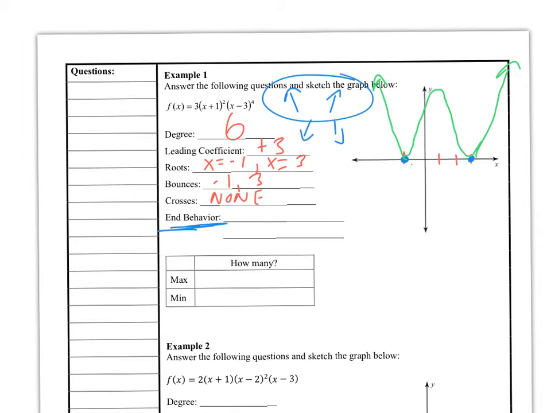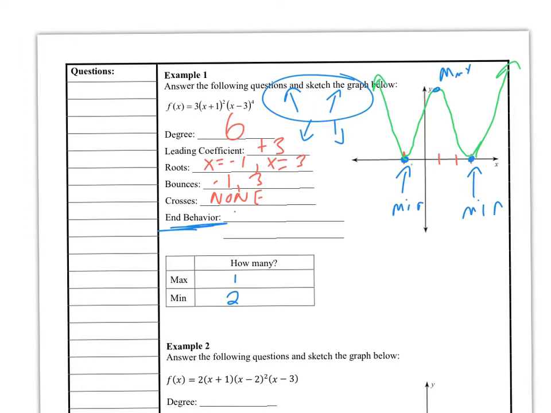We don't have specifics on the max or min because we did this by hand. So we can label our maxes. This guy right here is a max. This guy right here is a min, and so is this guy. So max would be 1, mins would be 2.